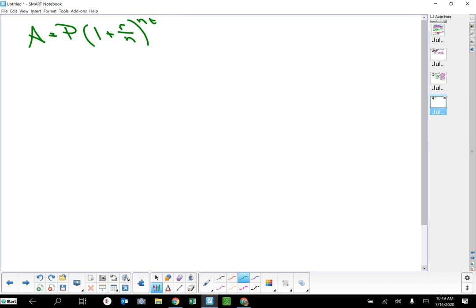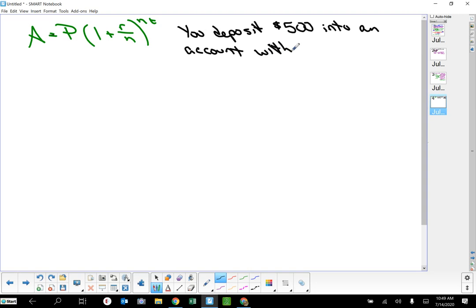Okay, so here's the problem. You deposit $500 into an account with an annual interest rate of 7%, and that is compounded quarterly.